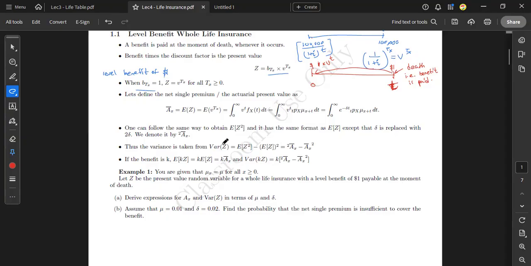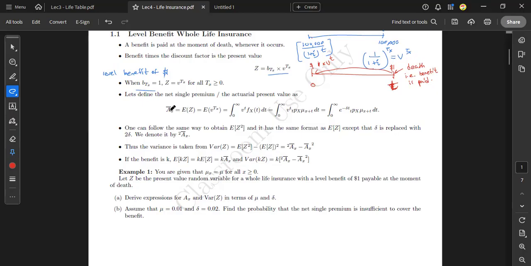Otherwise, we cannot make any profit or even break even through this whole life insurance business. So keep that in mind. The first thing is we need to calculate the expected present value of the future benefit payment. Since it is continuous, we use capital A for the notation.